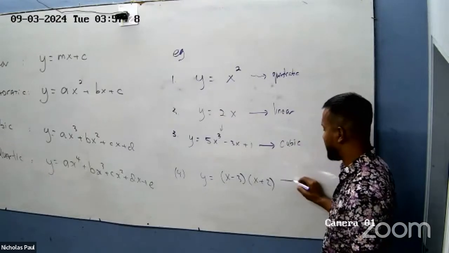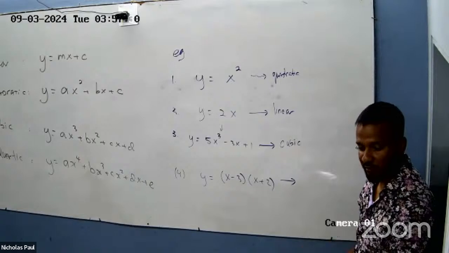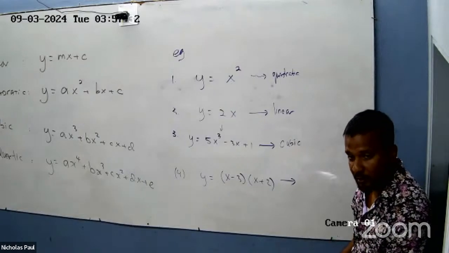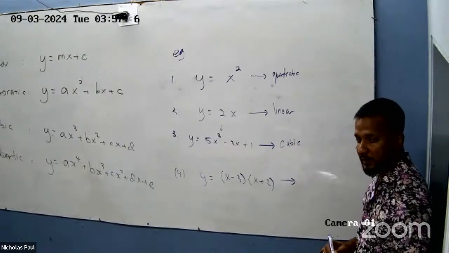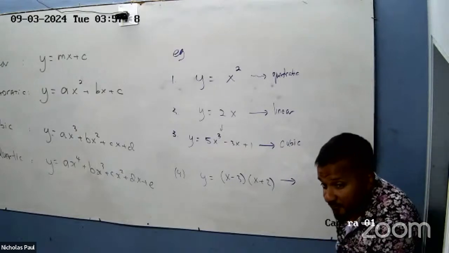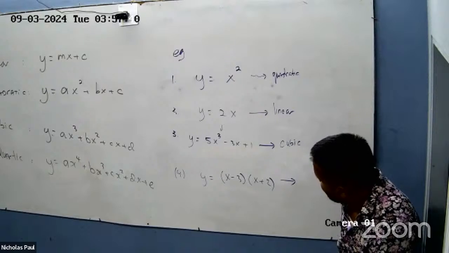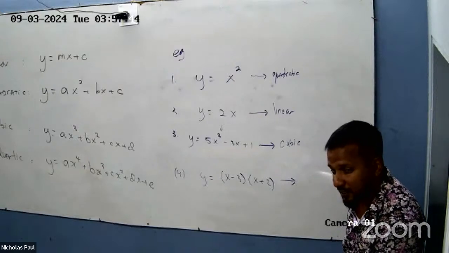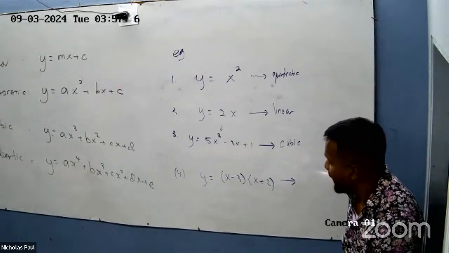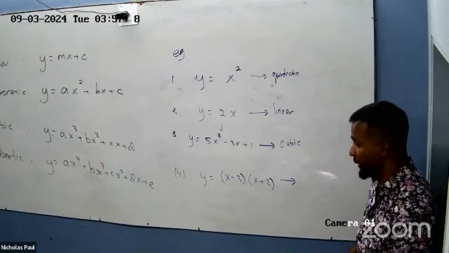And last one. What's this one, Jayla? What do you think? You have to guess. Quadratic. Why is it a quadratic? When it multiplies out, right?